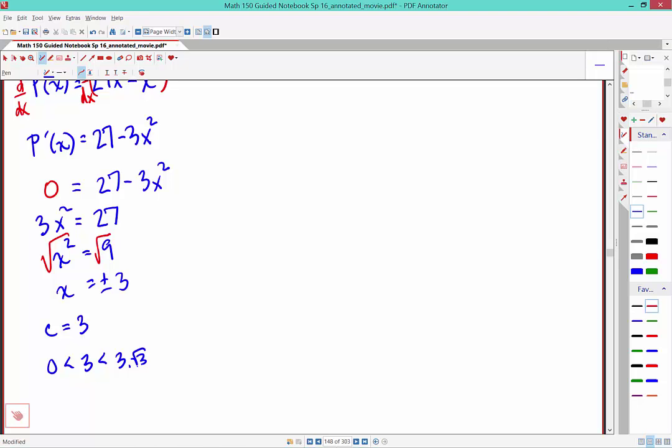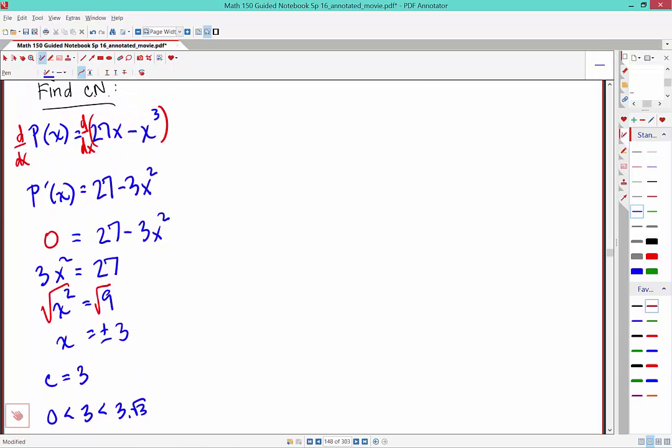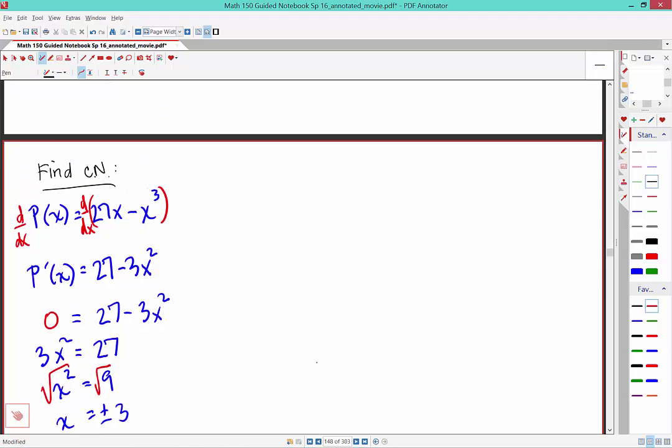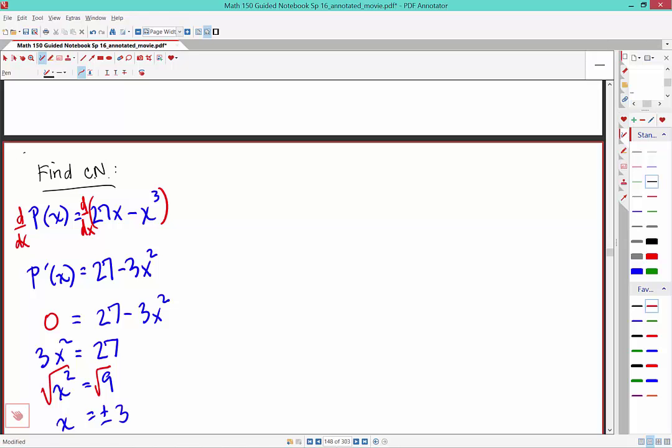So now we need to verify that this yields a maximum. So this was the optimize step.